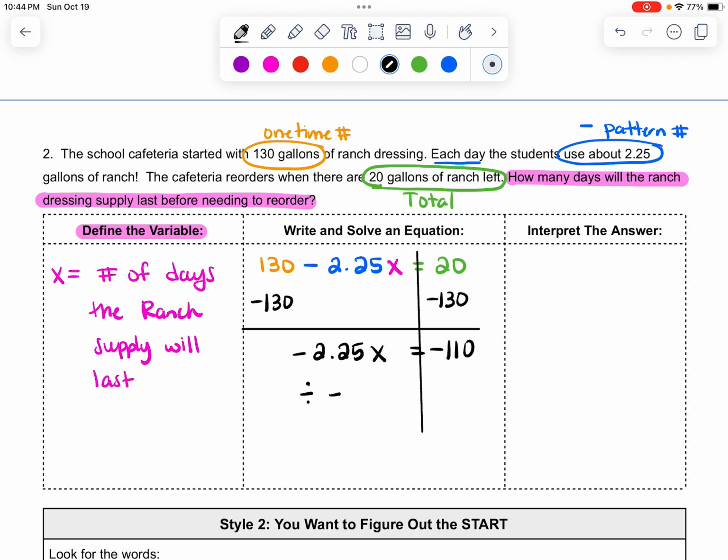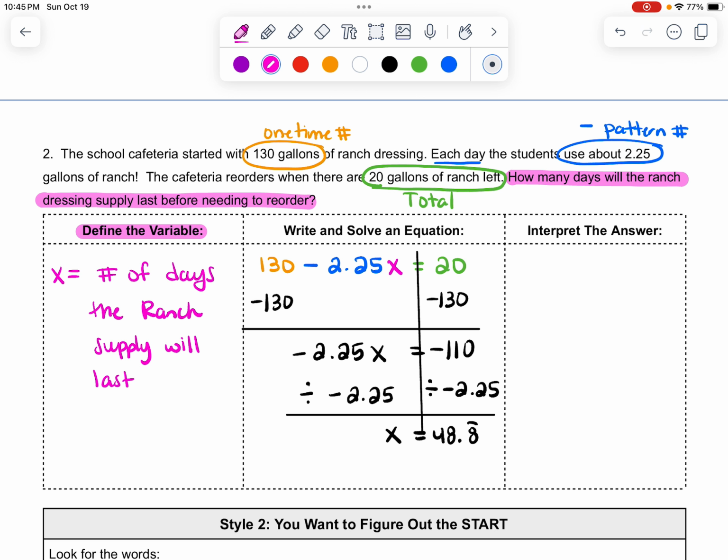Then I'm going to divide by negative 2.25. So we get x equals, and on my calculator, I'm going to do this, 110 divided by 2.25 negatives, I get 48.8 repeating. So I'm just going to write that little repeating sign there.